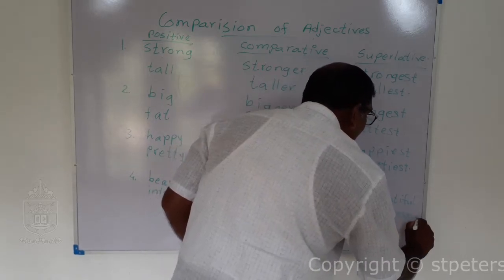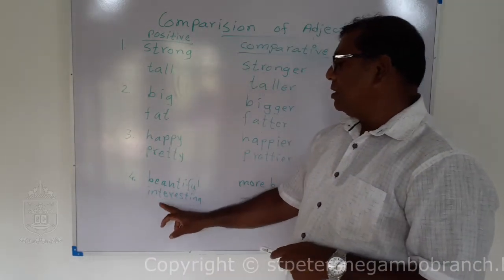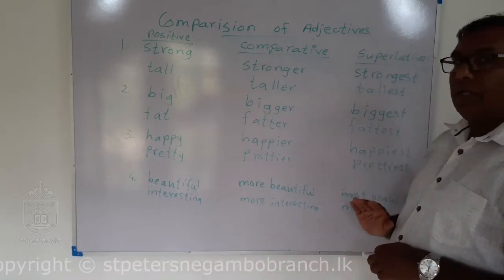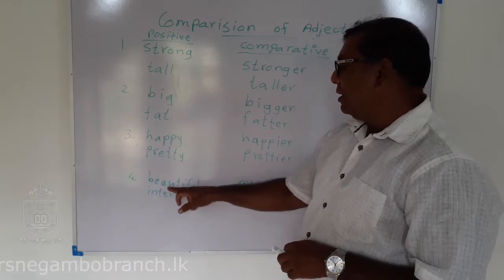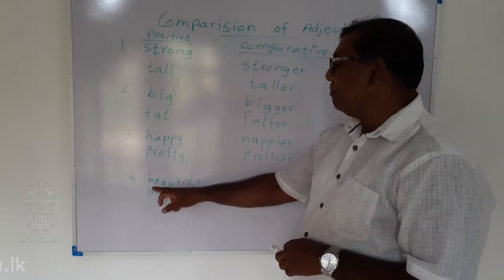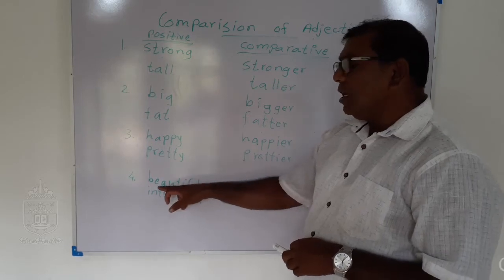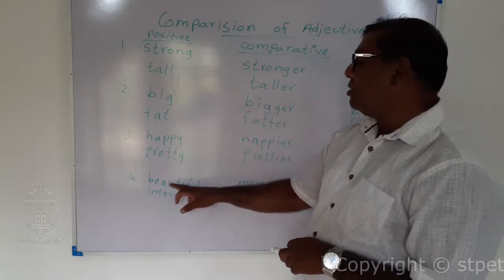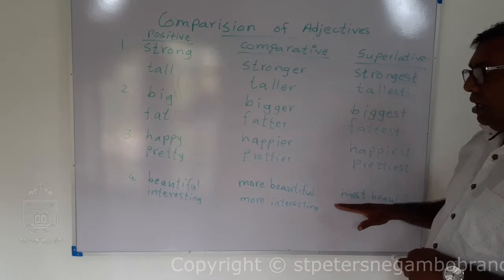Now you may ask me a question, why do these adjectives become more and most? The beautiful, the first adjective, the word has syllable sounds. Beautiful. There are 3 sounds. If we come across more than 2 syllable sounds, we have to add more and most. Not like this.